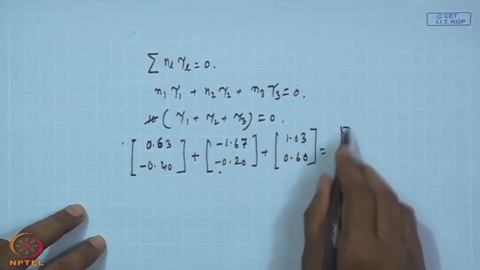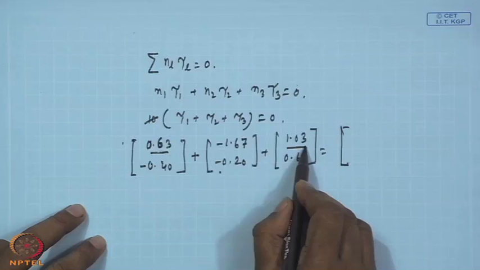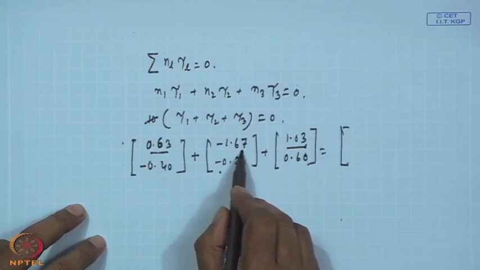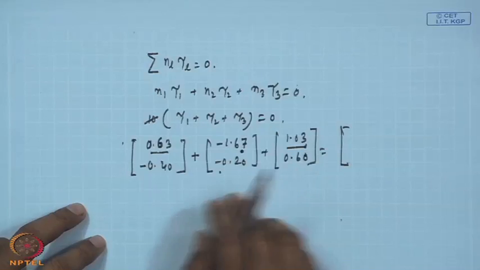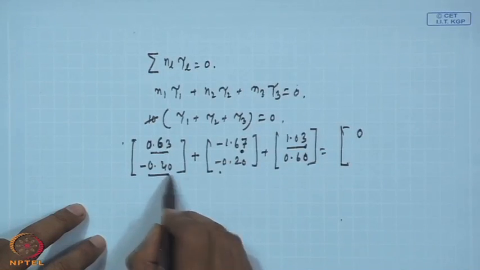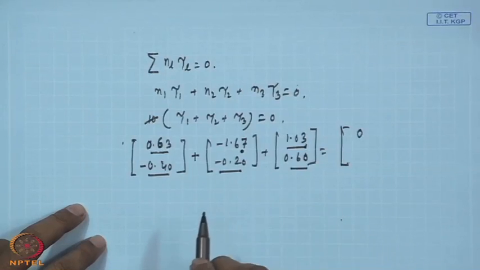What is the value coming? You see, 0.63 plus 1.03 is 1.66, minus 1.67, it is 0 basically, because of rounding error this comes. So, this is 0. Similarly, minus 0.40 minus 0.20 is minus 0.60, plus 0.60.